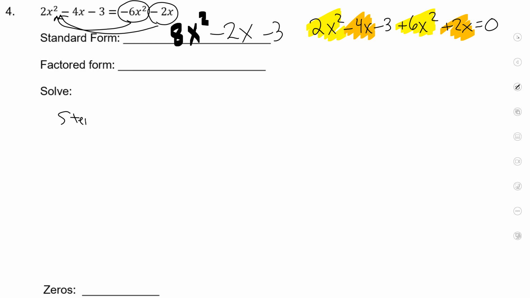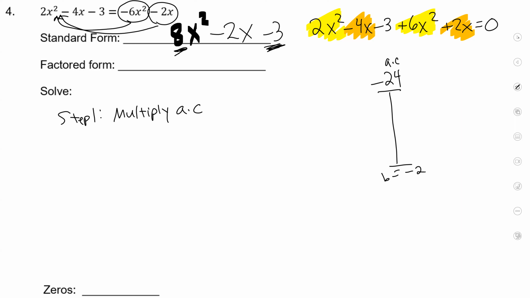Step 1, it's to always multiply A times C. So A times C is negative 24. This is A times C here. My B value is negative 2. So I'm going to think of numbers that will multiply to negative 24, but combine to give me negative 2.